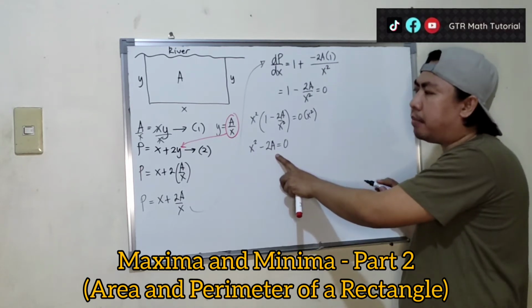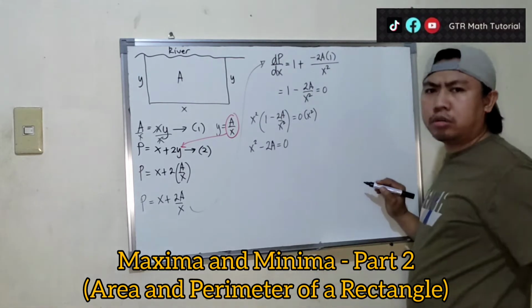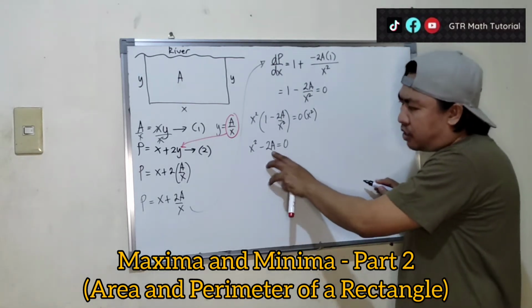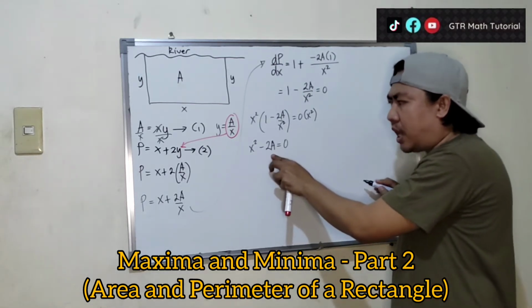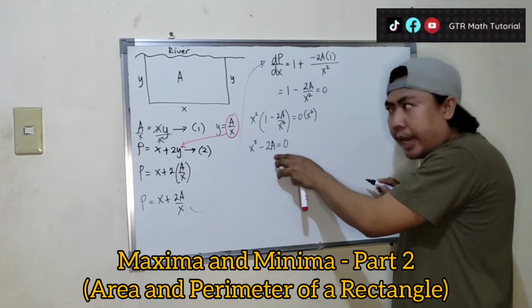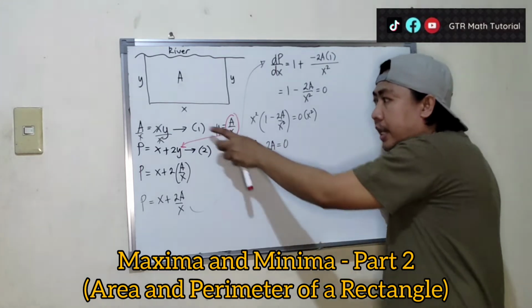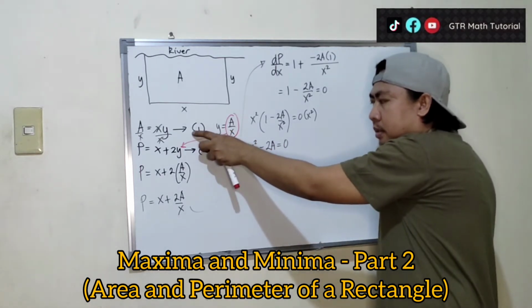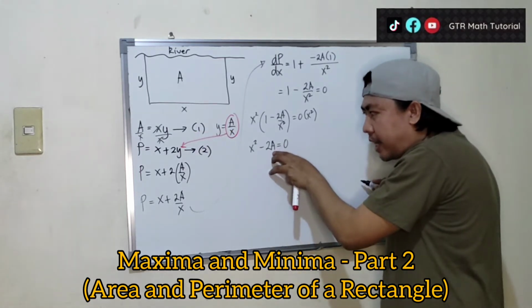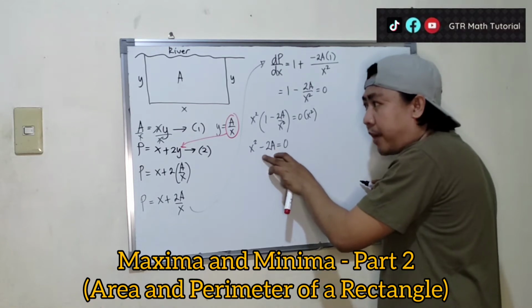So, in this problem, since there is no value of a, so a here is just a constant, let's try to solve for a, and then after solving for a, substitute the value of a in equation number 1. Okay? Since a here is a constant, we can solve a in terms of x.